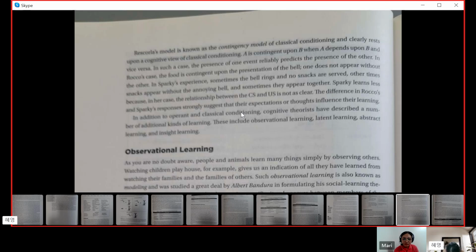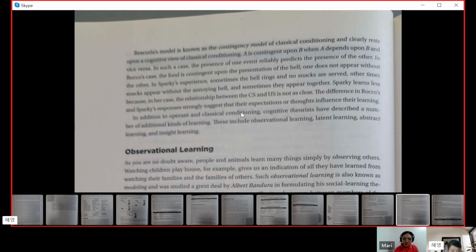Rescorla's model is known as the contingency model of classical conditioning and clearly rests upon a cognitive view of classical conditioning. A is contingent upon B when A depends upon B and vice versa.